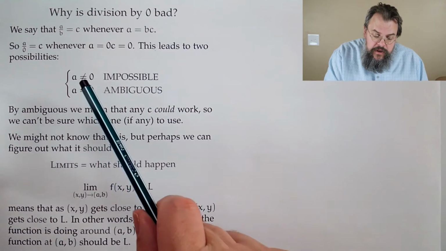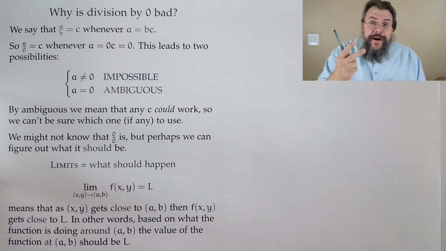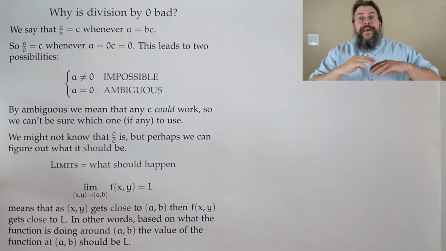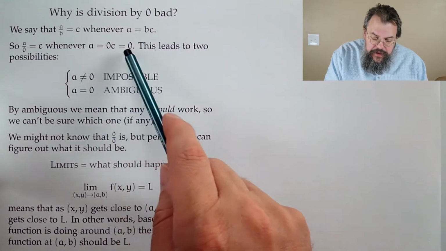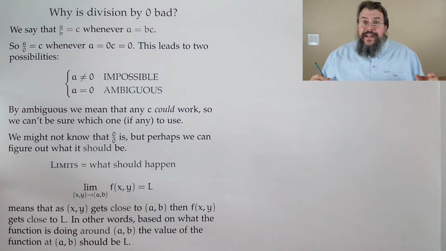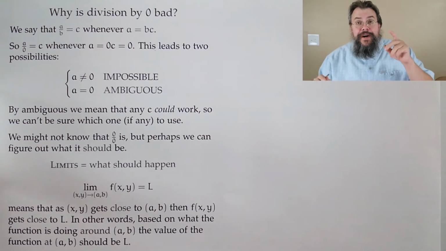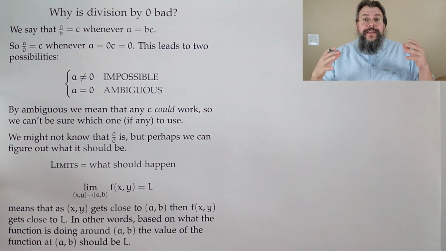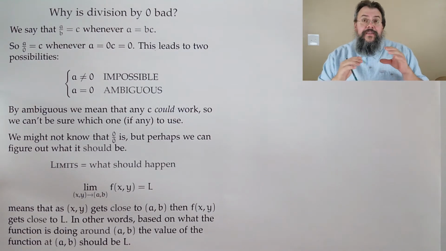Well, that would say, look, A has to equal 0 times C equals 0. Now there's two possibilities. If A is not 0, well, we say, wait, A has to be 0. So A can't be 0. That's impossible.